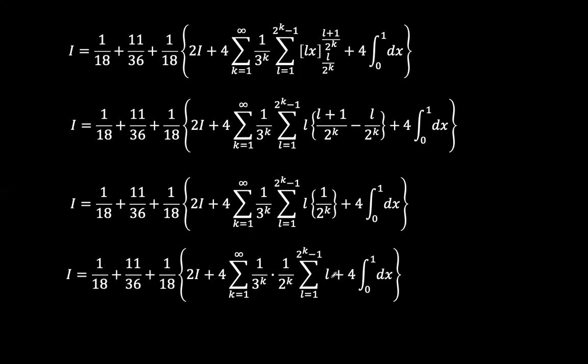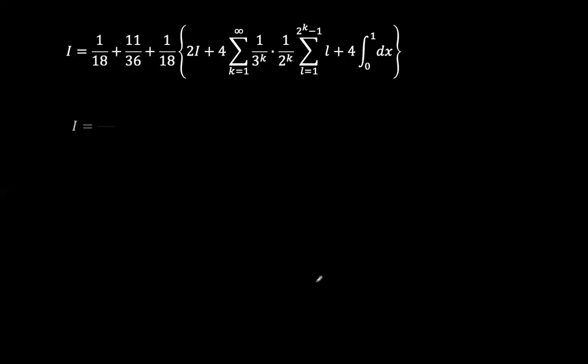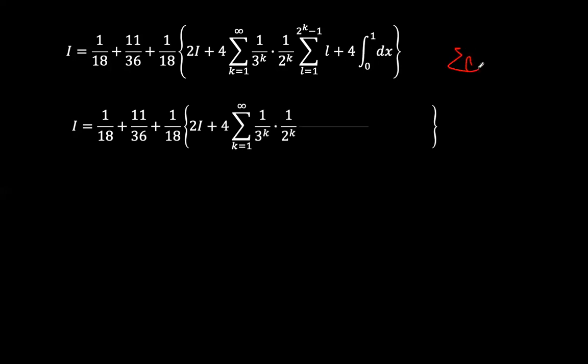And again, this is an arithmetic progression, and we're just going to use the same tricks we used previously, where we say that if we are summing up L to n, which is equal to n over 2 times n plus 1, and we know here our n is 2 to the power k minus 1, and n plus 1 is going to be just 2^k.